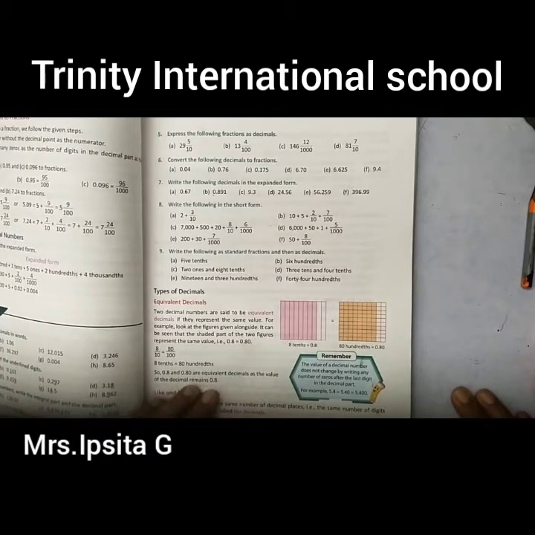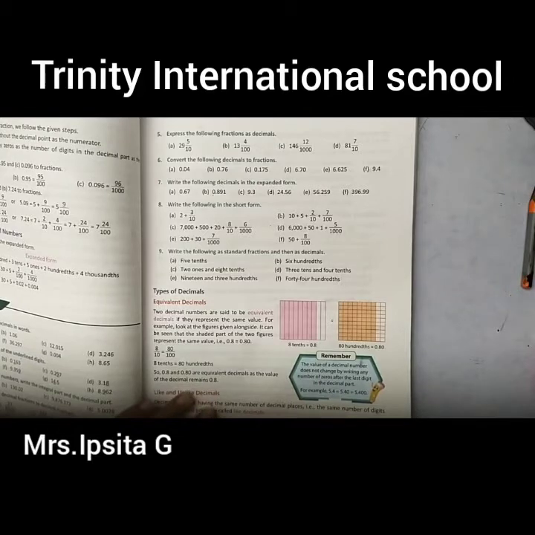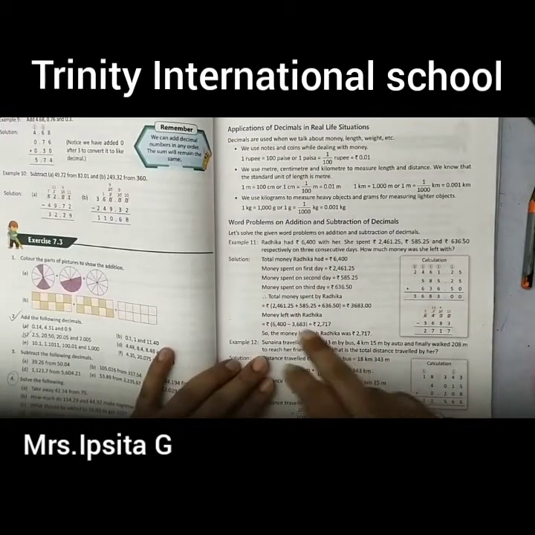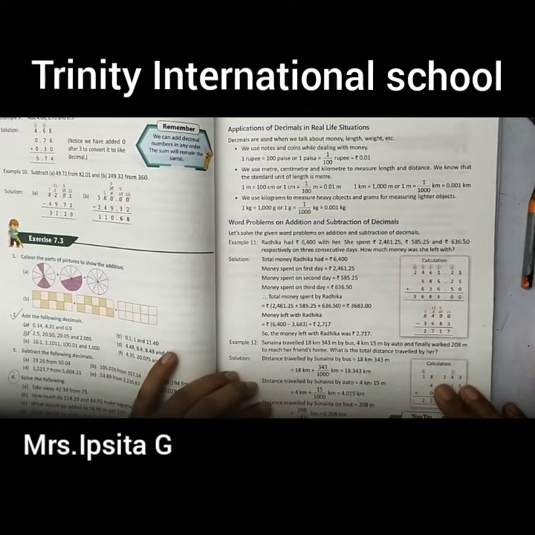Now we will go to exercise 7.4, which is based on the word problems, that is on the decimal numbers. So this is word problems on addition and subtraction of decimal.